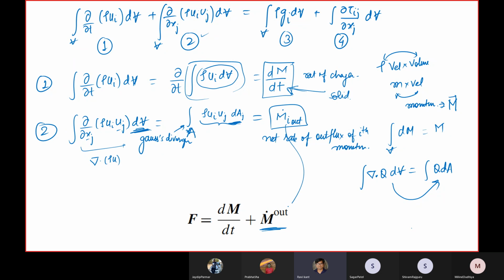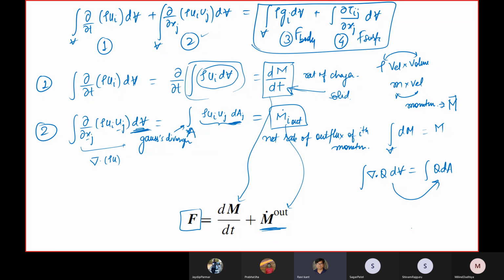And this F is the total force, which we usually take as F body and F surface. For the third term we take rho g dV, which is nothing but the body force in the ith direction.